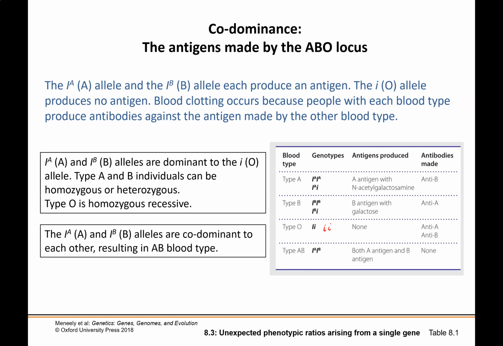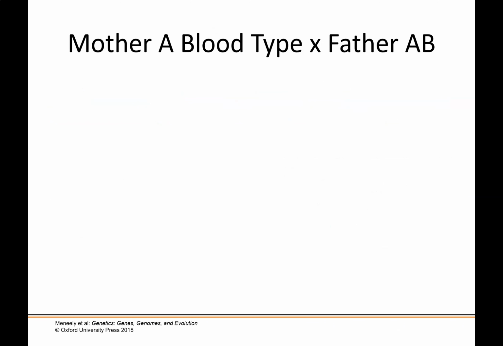So let's look at some examples here. If we have a mother who is blood type A and a father with blood type AB, what are the potential genotypes of the offspring? What are the possible genotypes and therefore blood types of the offspring from this union?